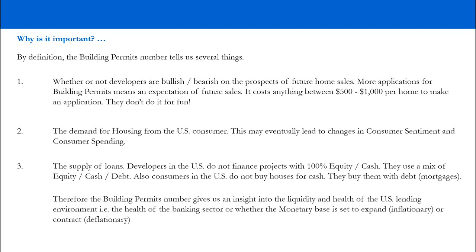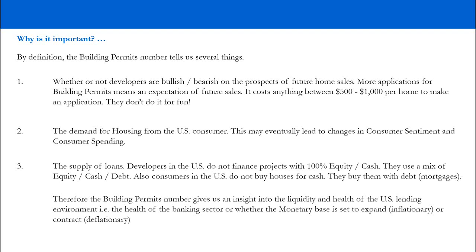So it gives us a very good indication of whether developers are bullish or bearish. If there's a lot of applications going in, they're paying a lot of money for permits. If there's not a lot of applications going in, they're not paying any money for permits for future projects. So it's an indication of how bullish or bearish they are. The second thing it tells us is the demand for US housing from the US consumer, because it might eventually be a situation where we see changes in consumer sentiment and consumer spending.